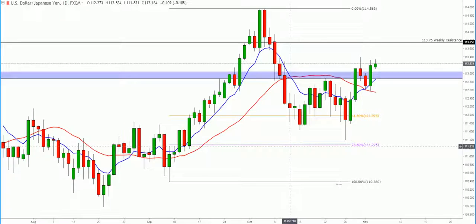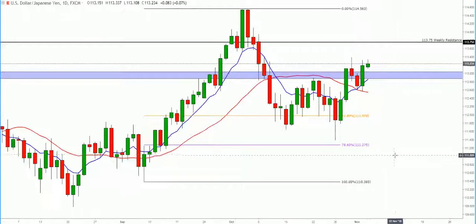If we take a look at how this looks on the daily, you can see that at the end of last week, Thursday, Friday, we did come back down to retest those moving averages after breaking out from this consolidation here.